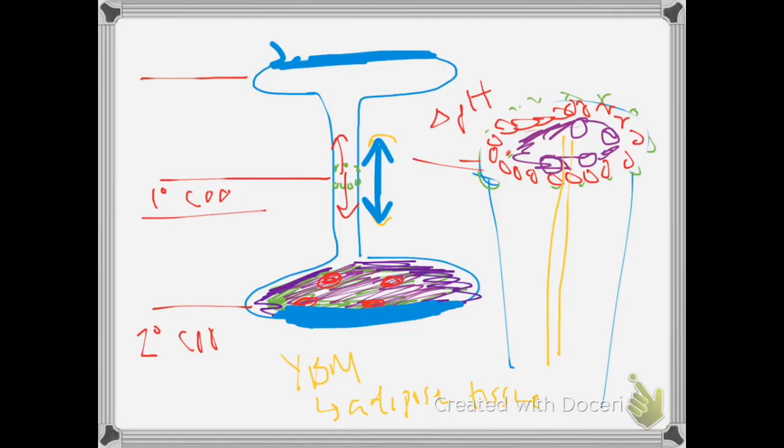We have a layer of cartilage here, and a layer of cartilage here. This is called the epiphyseal plate. So this is remaining cartilage, and this is where bone growth in length is going to occur.